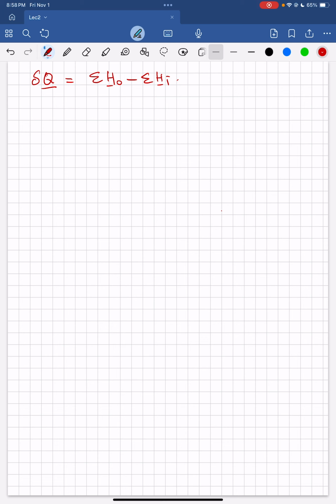And do you remember that I told you this is a state function? We don't need this, right? Because it's not like there are many different streams coming out or coming in. It's just one, so we can change it like this, right?